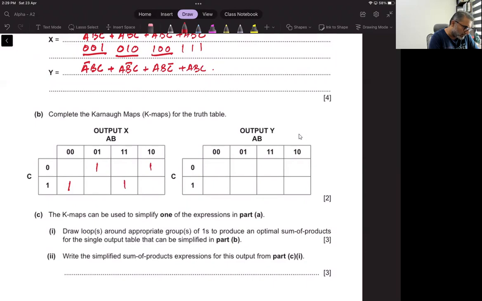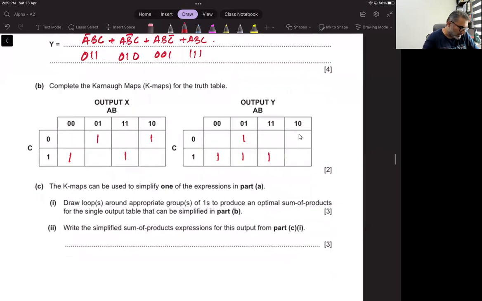Okay. So this is for X, and now for Y, 0, 1, 1, 0, 1, 0, 0, 0, 1, 1, 1, 1. So 0, 1, 1, 0, 1, 0, 0, 0, 1, and 1, 1, 1.